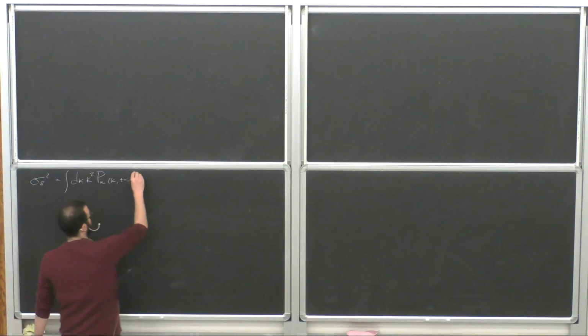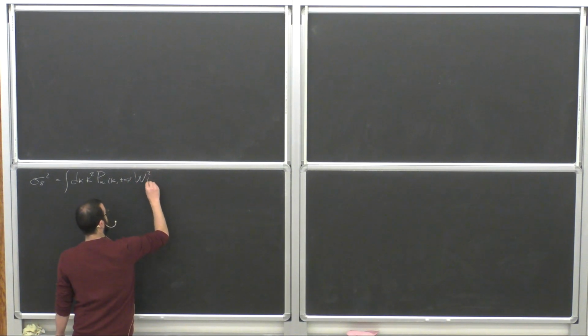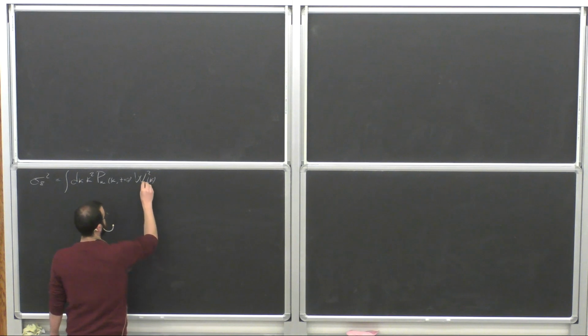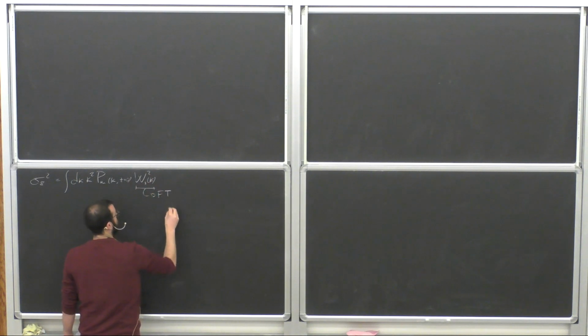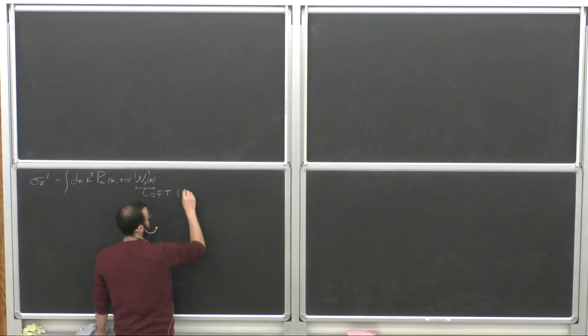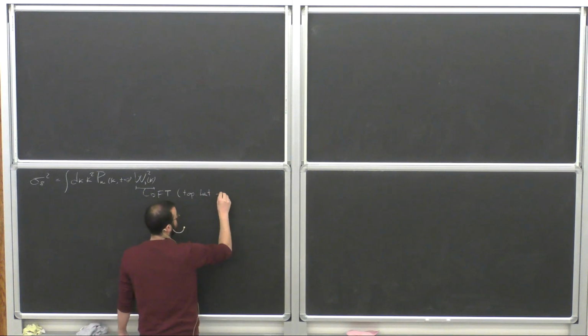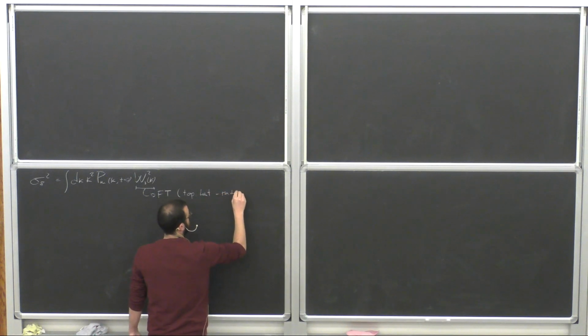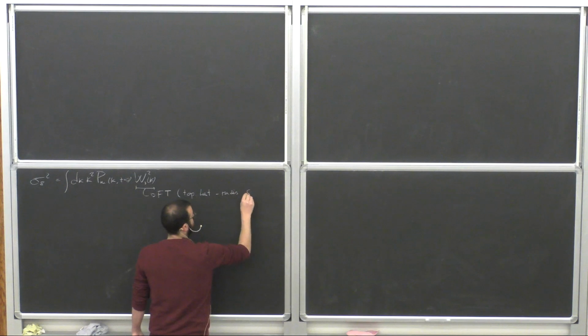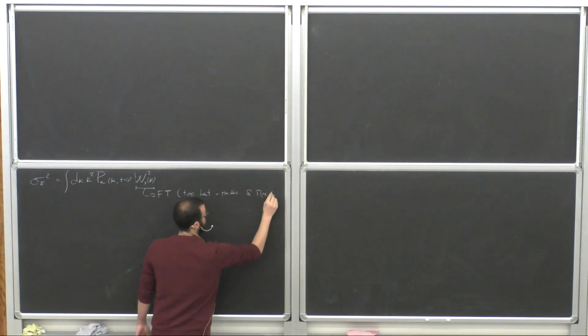So here we have some window function that is the Fourier transform of a top hat in configuration space with radius of 8 megaparsecs over h.